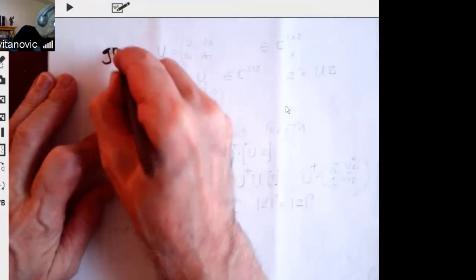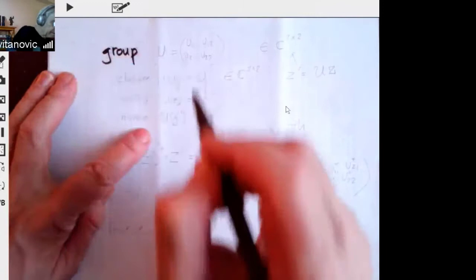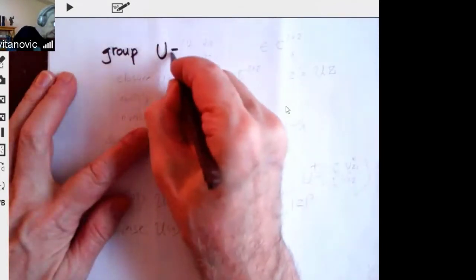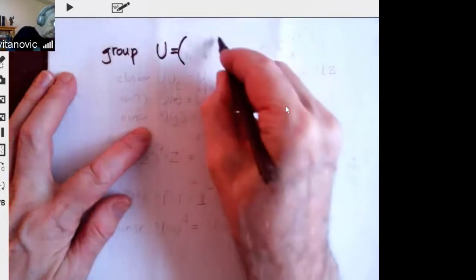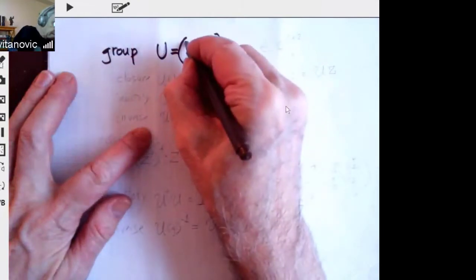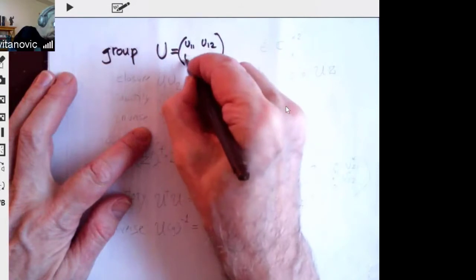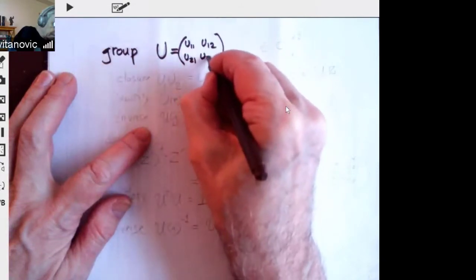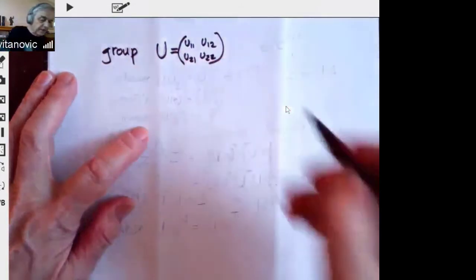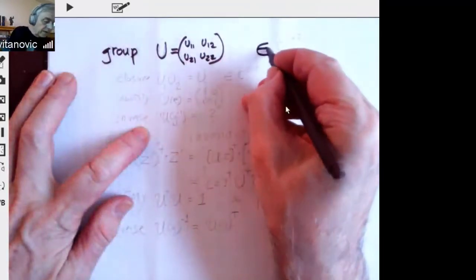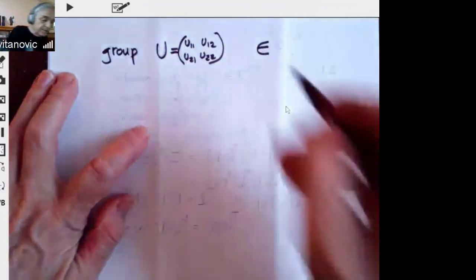So the element of any group, if it's a 2-dimensional matrix representation, it'll have 4 elements. It's just a matrix. And because you're acting on complex numbers, these 4 numbers are 4 complex numbers.